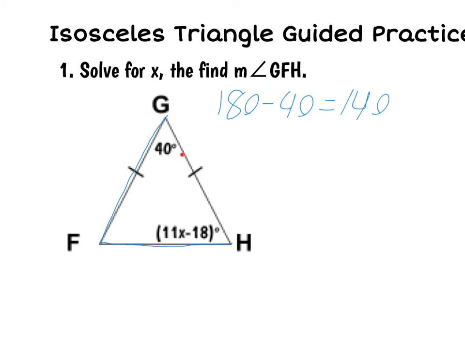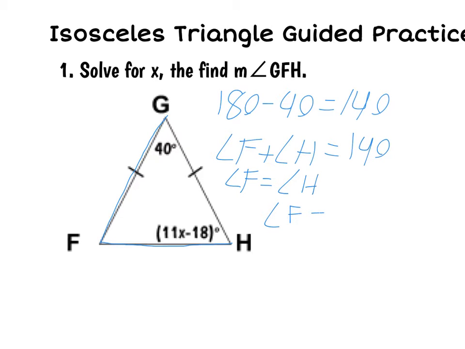Now because the leg, the side, GH, is congruent to the side, GF, we know that F must be congruent to H. So another way to think about this is that angle F plus angle H is equal to 140, and angle F is equal to angle H, which means then that angle F must be equal to 70, and then that angle H, which is equal to 11x minus 18, must also equal 70.